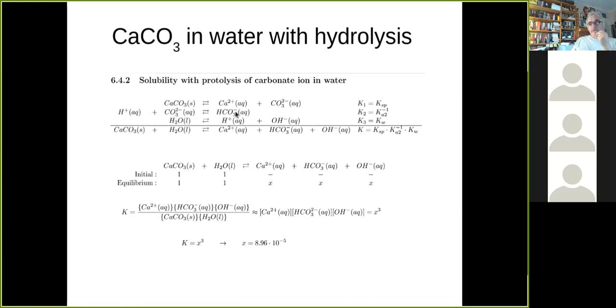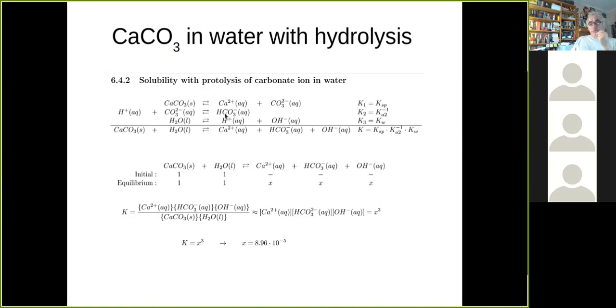And if we reverse that one, we will have this reaction with the hydrogen ions combined with carbonate ions producing hydrogen carbonate. And the equilibrium constant is not the Ka2 as it is from right to left, but rather the inverse of that, since we have reversed the right and left sides.